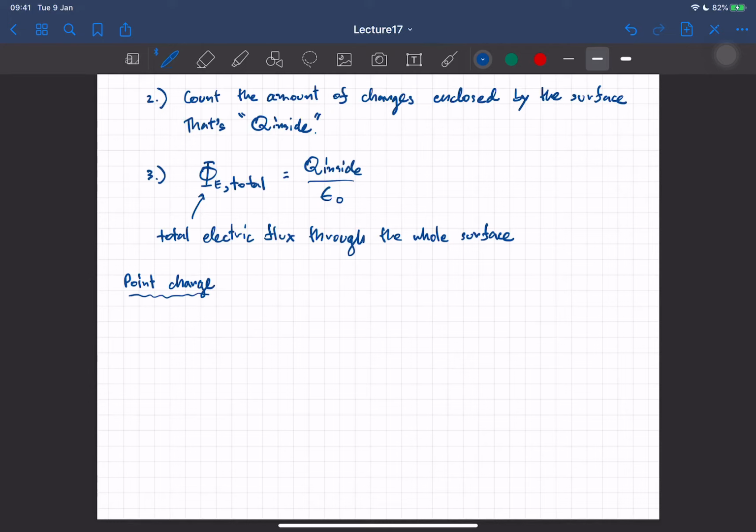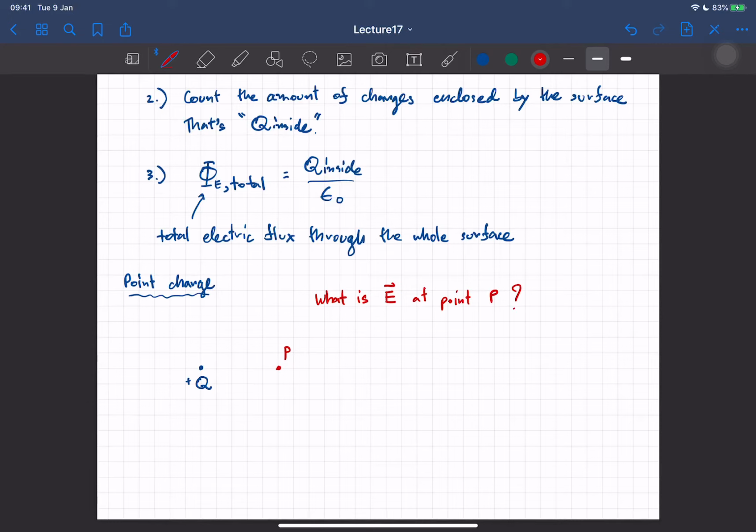So how do we do that? Well, let's say we have a point charge here, plus Q, and we want to know the electric field at this point P here. So I want to know what is the electric field, vector E, at point P.